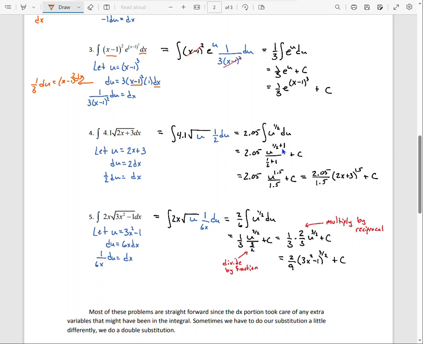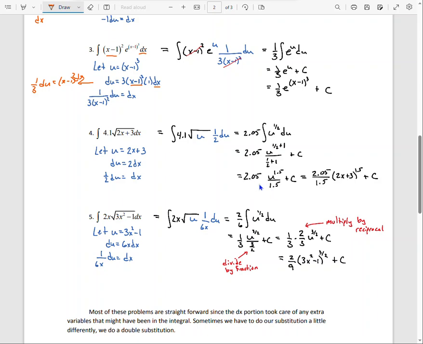We'll call that 1.5. I should have used 3/2, but since we have decimals going on here, I'm going to continue using decimals. So 1 plus 0.5 is 1.5, both in the exponent and in my denominator, plus c. And that 2.05 can be multiplied by c, but that's still just a constant. We would just call it a different constant.